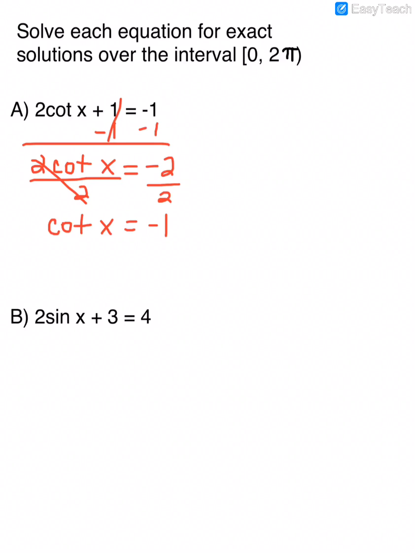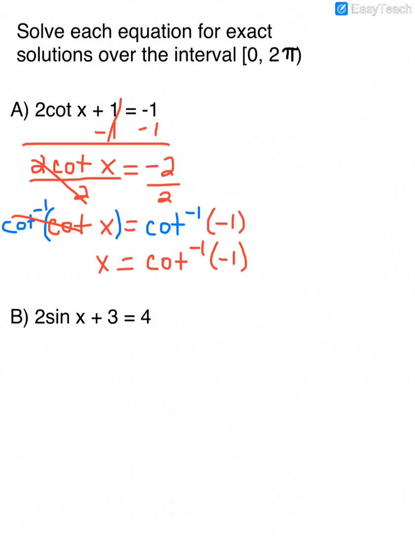So in trig functions, the function and its inverse will undo each other. So if I take the cotangent inverse of both sides of the equation, this will allow me to isolate the x because, as I said, cotangent and cotangent inverse undo each other. So I have x equals cotangent inverse of negative 1.